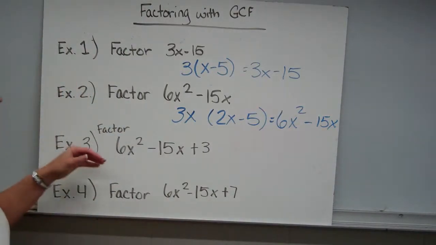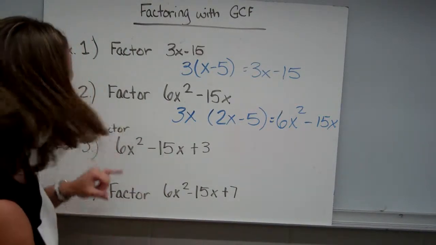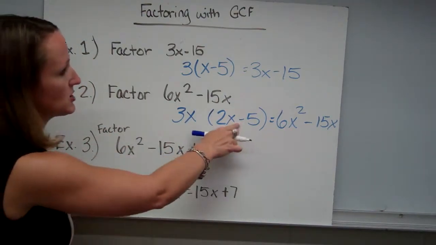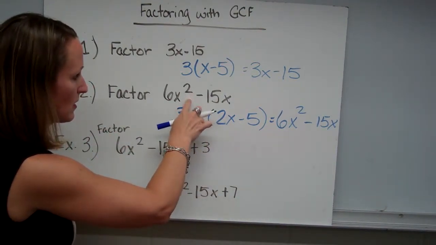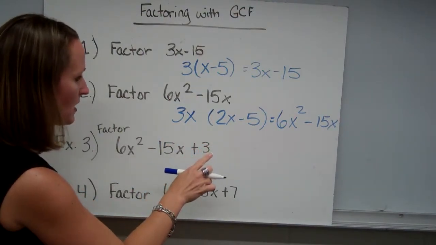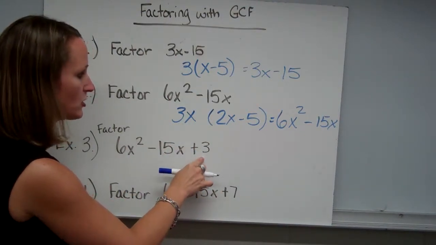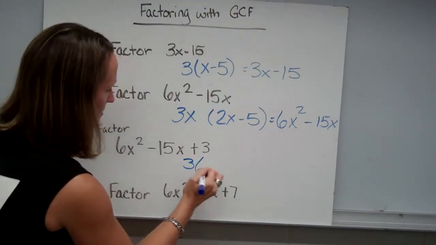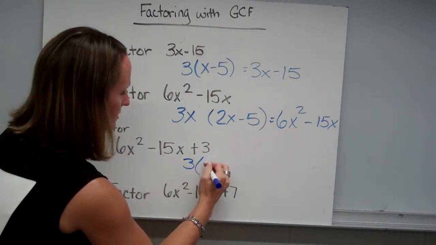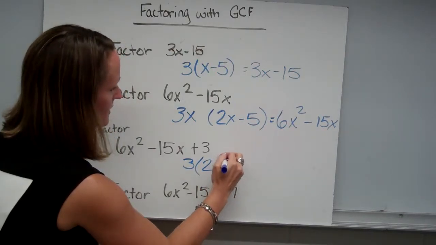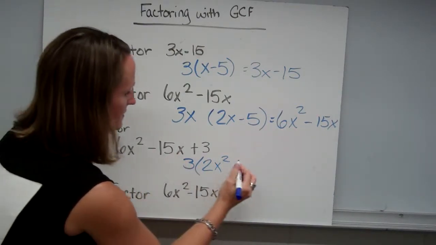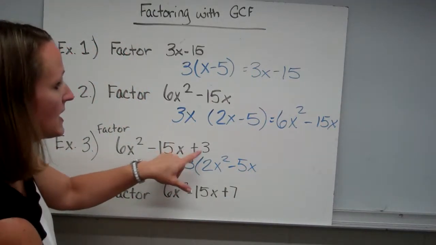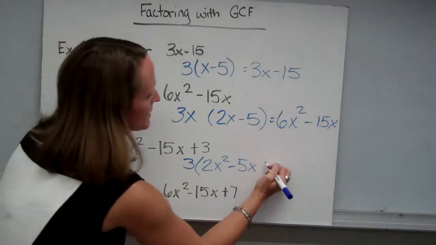Okay, so now if I have a trinomial, 6x squared minus 15x plus 3. So this matches up here, and I pulled out a 3x, but now I have another term. I can still pull out a 3. So I'm going to get 3, which is going to leave me with 2x squared minus 5x plus, this time I'm just going to write plus 1.